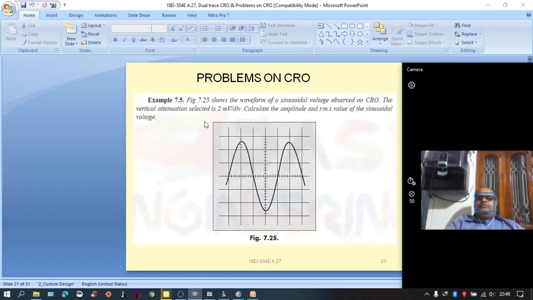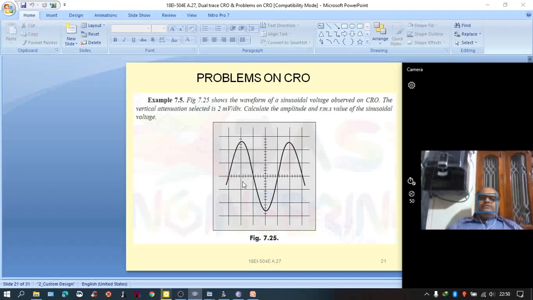And second example: figure 7.25 shows the waveform of a sinusoidal voltage observed on a CRO. The vertical attenuator is selected to be 2 millivolts per division. Calculate the amplitude and RMS value of the sinusoidal voltage.